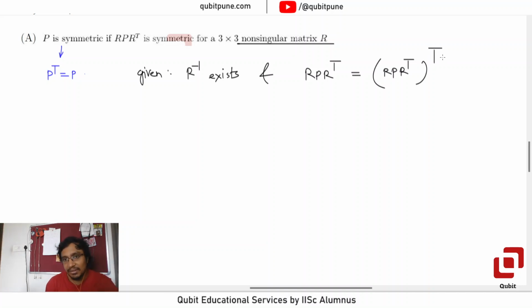Have you followed this? This is what is given to us. And we want to prove that P is symmetric.